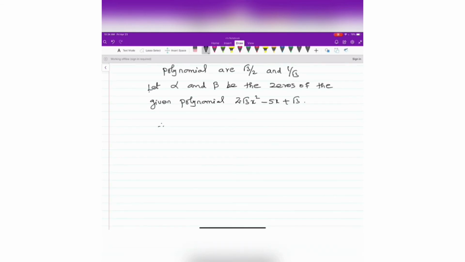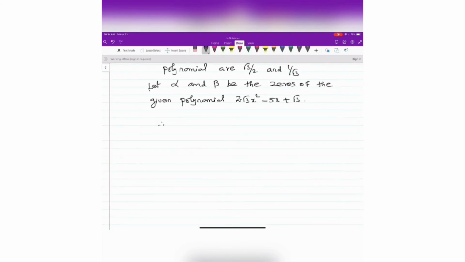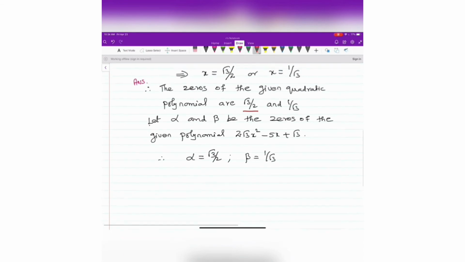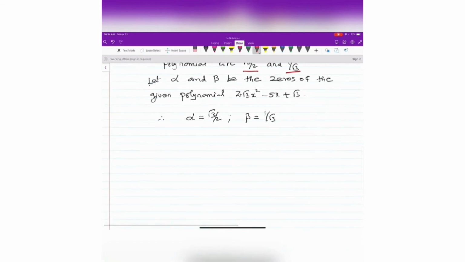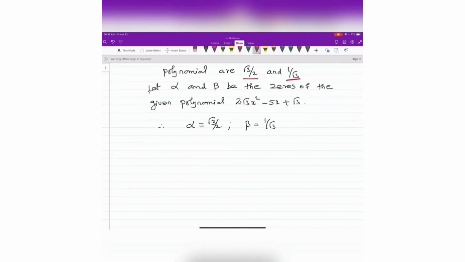Therefore, you can take alpha is equal to root 3 by 2 and beta is equal to 1 by root 3, because we got the zeros of the polynomial as root 3 by 2 and 1 by root 3. Now we have taken alpha and beta to be the zeros of this polynomial. So I can always take alpha as root 3 by 2 and beta as 1 by root 3.